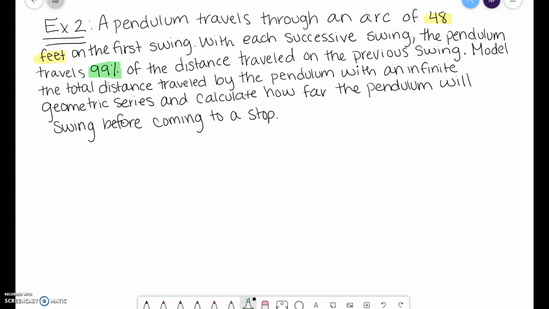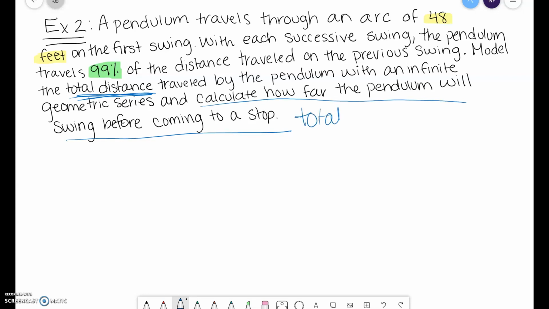So I'm going to change that to a decimal, but that is going to be my common ratio. And then it wants to model the total distance. So total distance would be the sum. So we're calculating how far it swings. So the total distance moved.